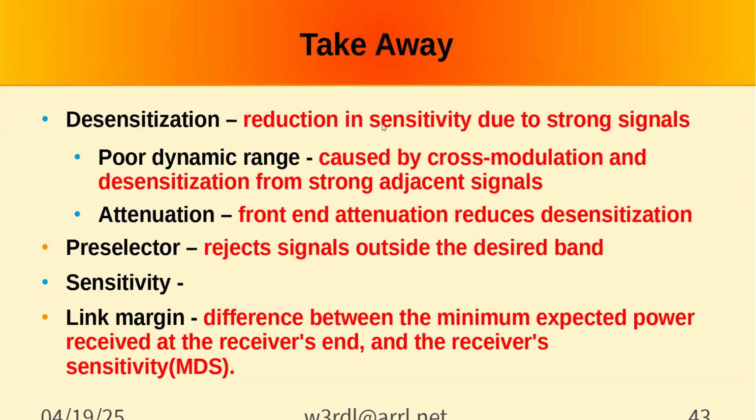Desensitization is the reduction in sensitivity due to a strong adjacent signal that's not necessarily in band, but it's close enough that there's some spillover, so it's affecting the, basically, I guess it affects the automatic gain control because it's seeing part of that signal, so it's going to reduce your gain.